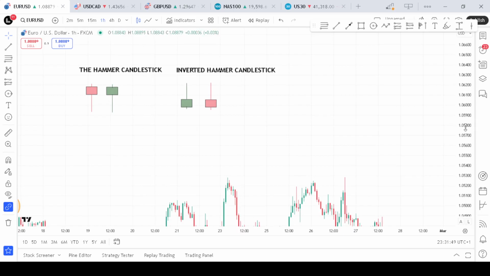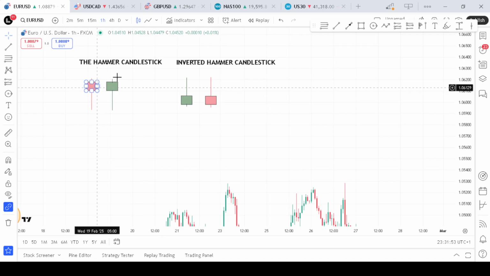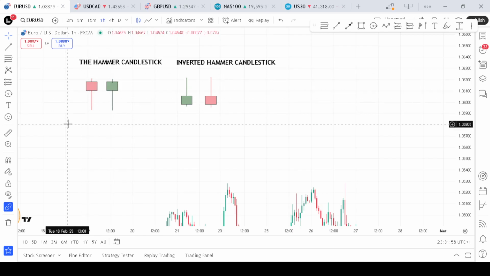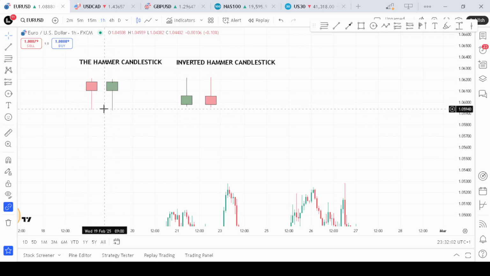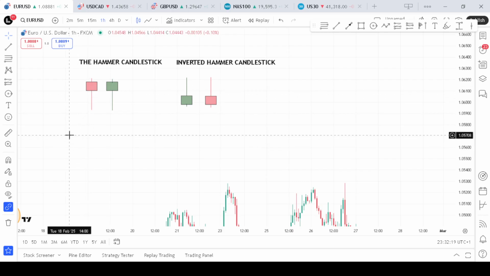First of all, we'll talk about the hammer candlestick, which is a bullish reversal that typically forms during a downtrend. This pattern only forms during the downtrend. It has a distinct appearance resembling a T. This pattern consists of a small body located at the top of the price range with a lower shadow that is at least twice the size of the body.